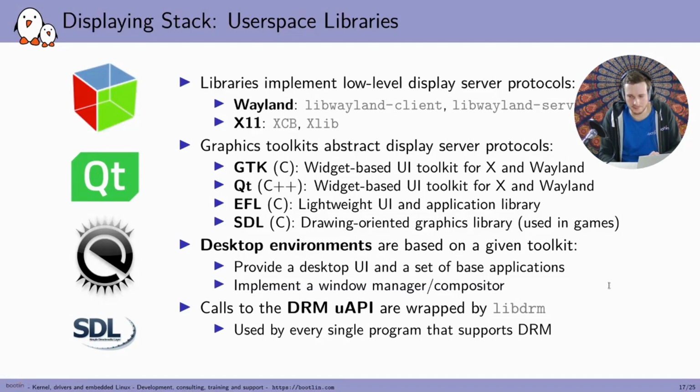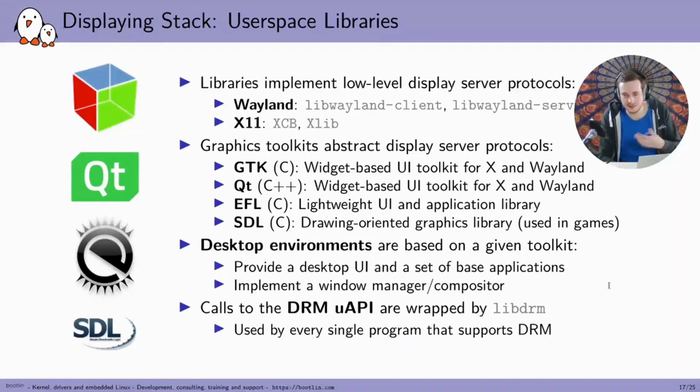These are very low-level libraries that are not usually used directly by the applications, but instead the applications will be using graphics toolkits such as GTK or Qt or EFL, SDL. These are graphics toolkits and libraries, well, except SDL, which is not really a toolkit, but more of just a simpler API.